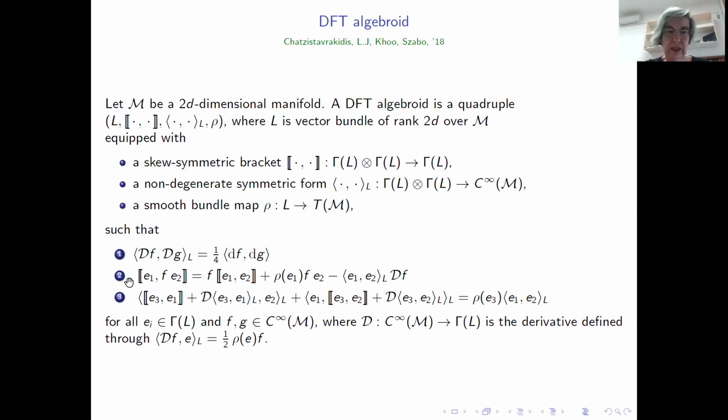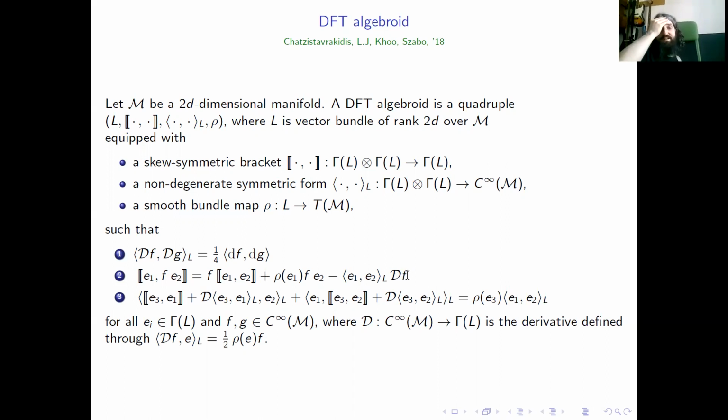So these two properties look similar, for example, in a Courant algebroid. You will have this compatibility property between the bracket and the bilinear form, and the Leibniz rule.